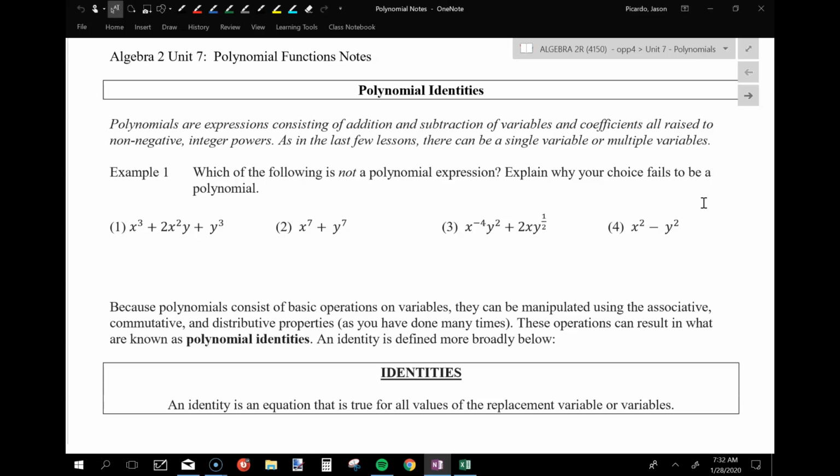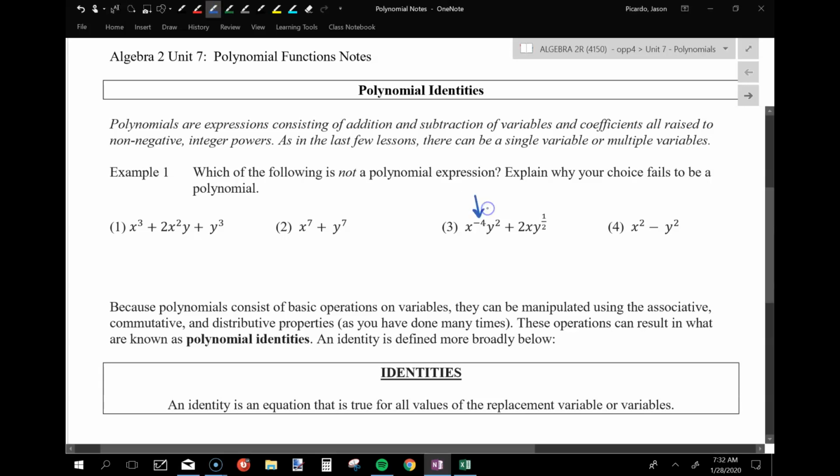Just 3, yeah. Just on common sense, what doesn't fit? So what's weird about choice 3? It has exponents that are what? Negative and fractions, right? So those are not allowed. This is not a polynomial. The other ones are.